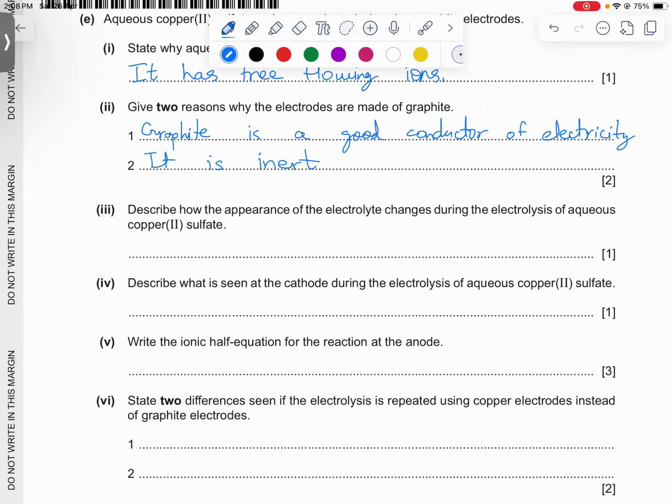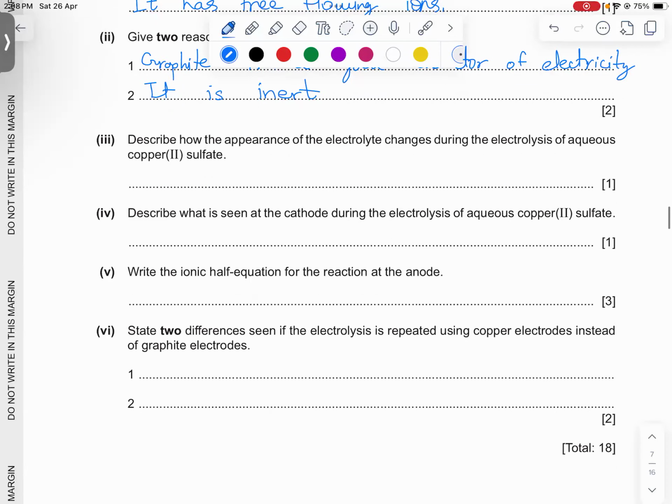There is only one instance in your whole syllabus where you see graphite reacting, and that is during electrolysis of molten aluminum oxide with cryolite, in the extraction of aluminum. The formed oxygen reacts with graphite anodes and produces carbon dioxide, because graphite is made up of carbon, but that is at 900 to 1000 degrees Celsius. At room temperature, graphite does not react.